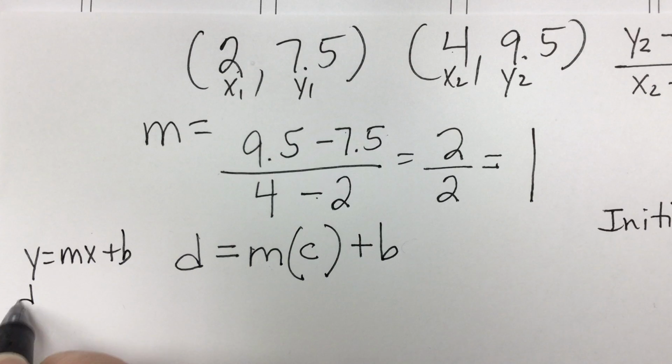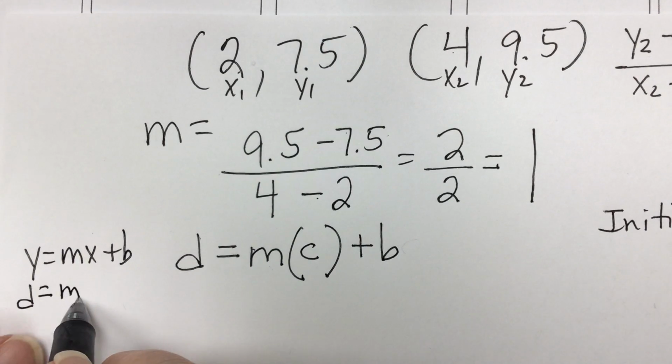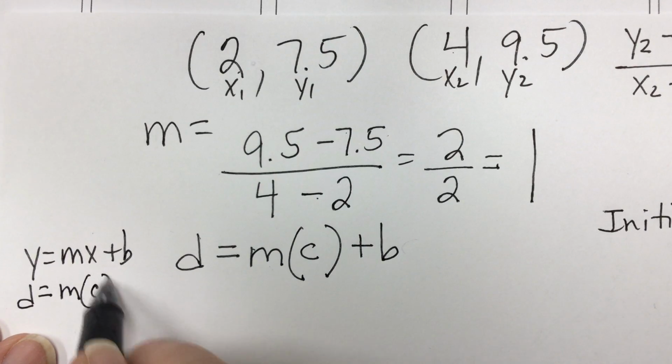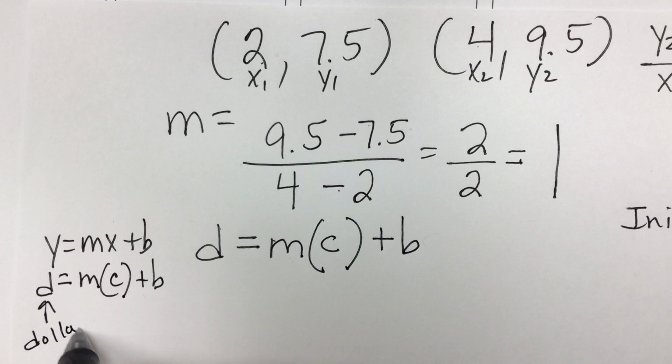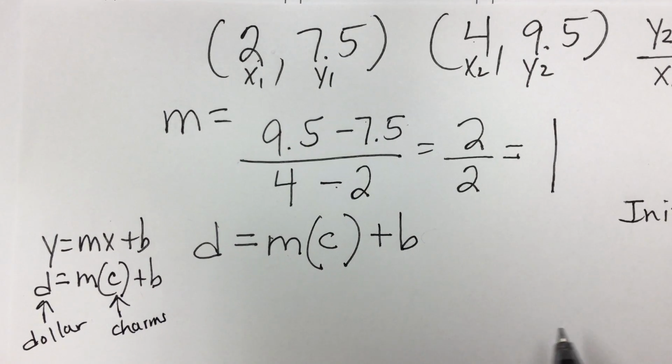But here D is your cost, your slope is still m, C is your charms, plus B. So D represents dollars and C represents charms.